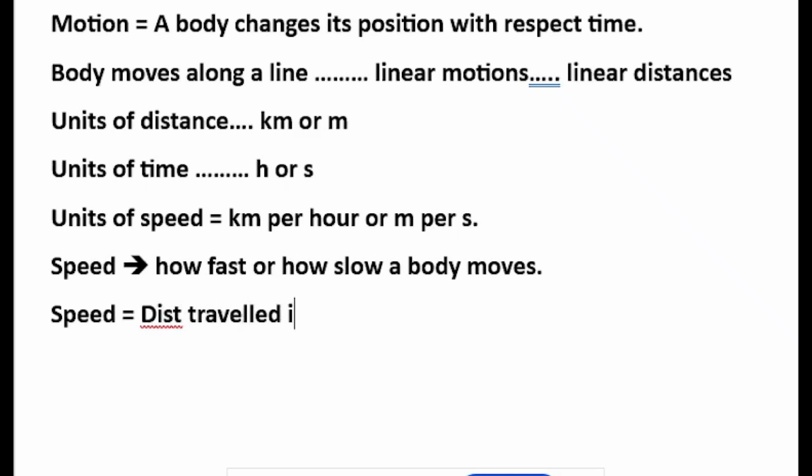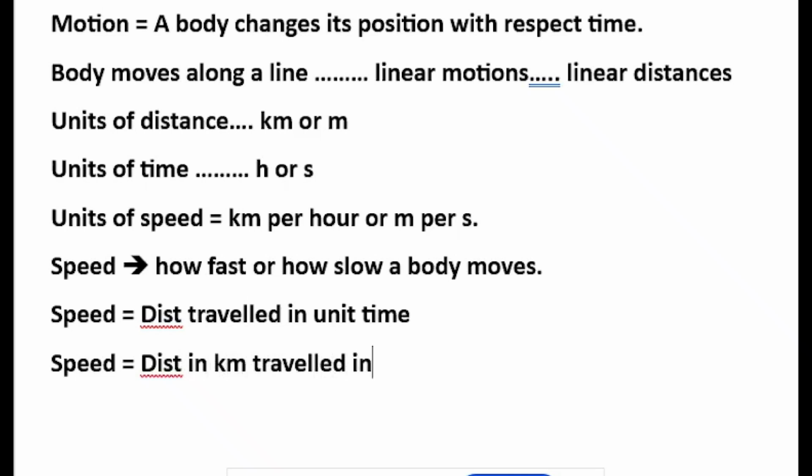Unit time means 1 hour or 1 second. So speed is equal to distance in kilometers travelled in 1 hour. So then you are getting kilometers per hour.